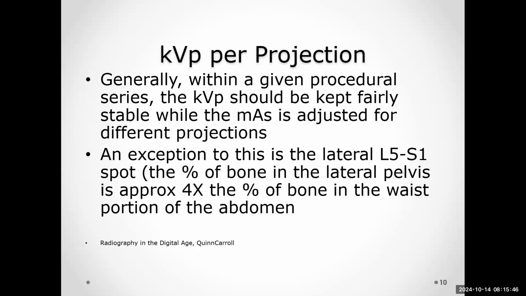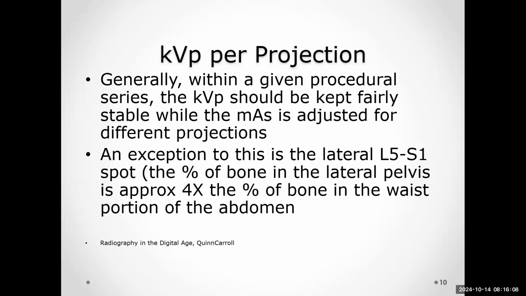In the lateral projection, there's about 4 times the percentage of bone in that area than there is above the pelvis. So in that case, we actually do usually increase the kVp, because it's harder to penetrate through that area because there's so much more bone.